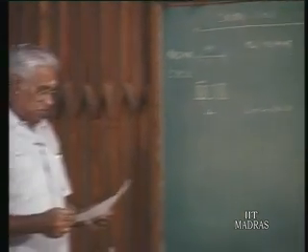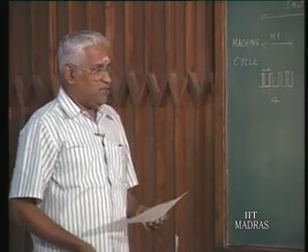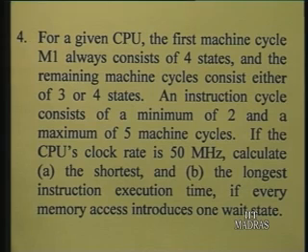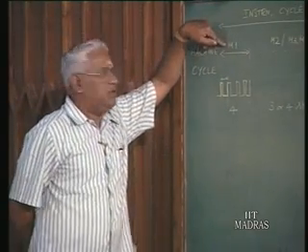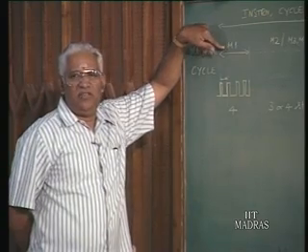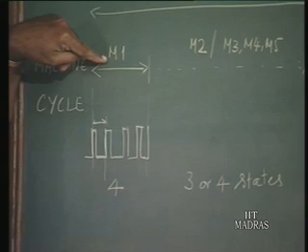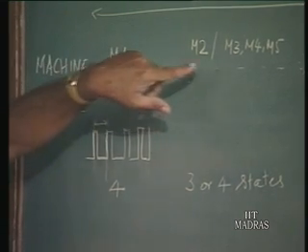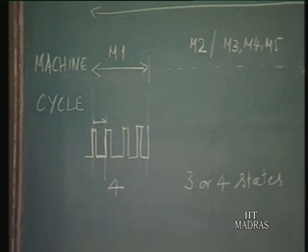Now, there is one more point we saw. What was that? The last one. See the chart, the last line says every memory access introduces one wait state. Good. Every memory access, certainly, what is M1? A machine cycle M1 is fetching the instruction, so there is a memory access there. For fetching the instruction, there must be a memory access. Similarly, M2, M3, M4, M5 may or may not be memory accesses, we do not know.